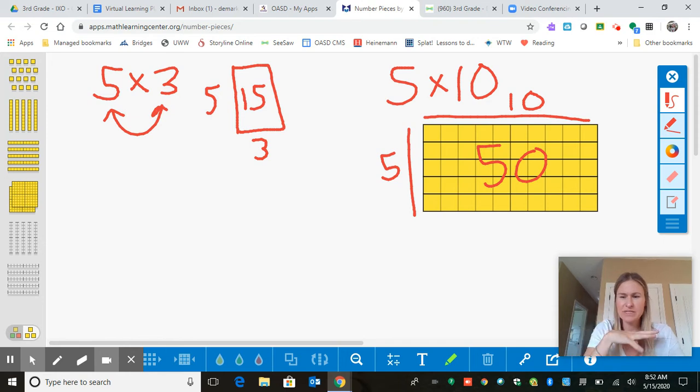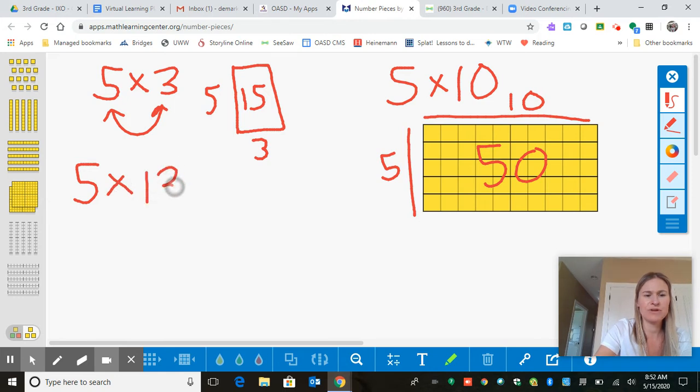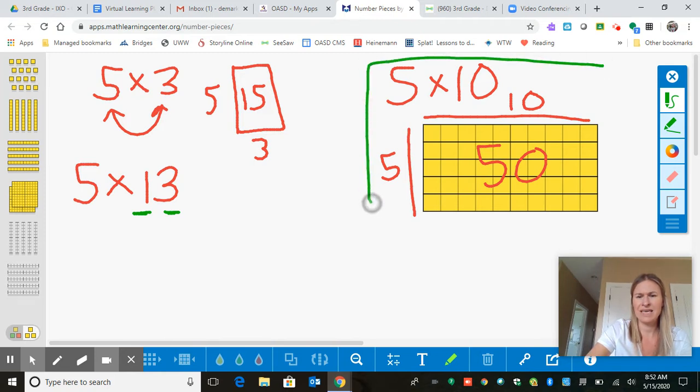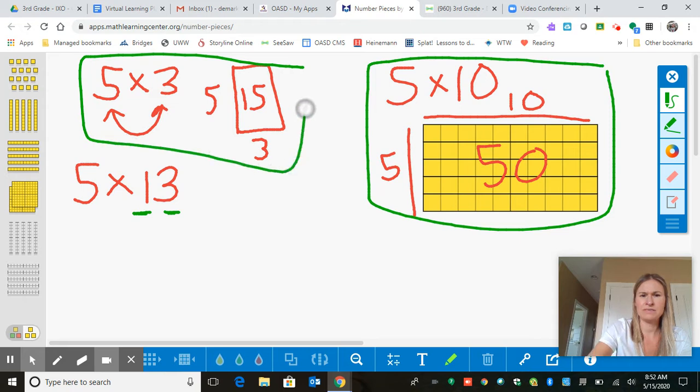Now, this is where we're going to try something out. What would 5 times 13 be? Well, wait a second. 13 can be broken up into a 10 and 3 ones.